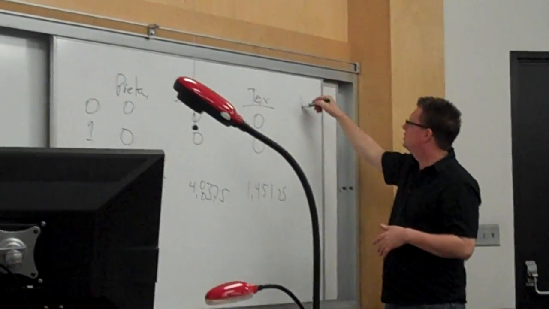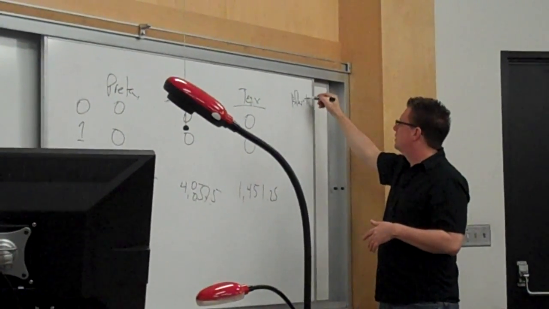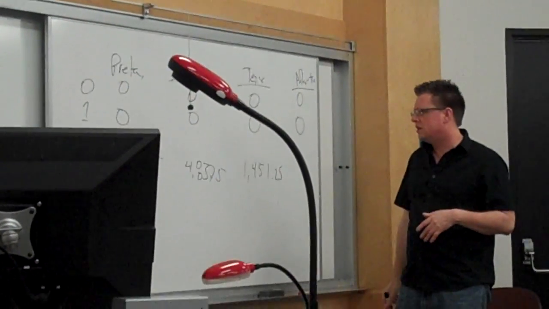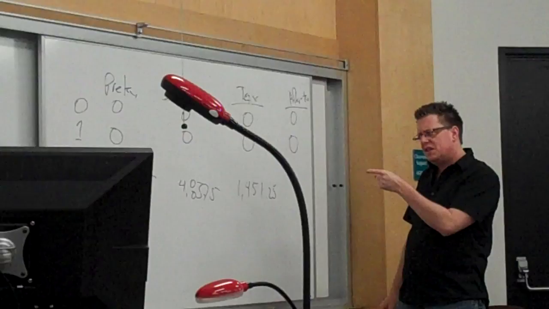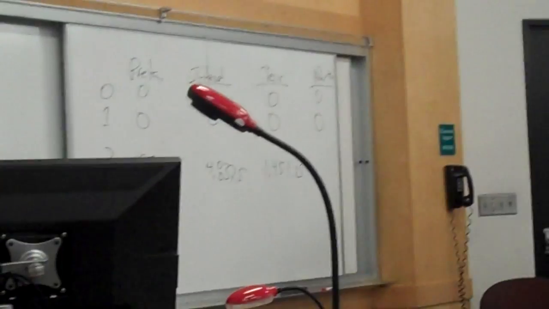Okay, and so what we can do is our after tax. All you have to do is get your little bit of tax savings in here. So what's 19,837.50 plus 1,451.25?